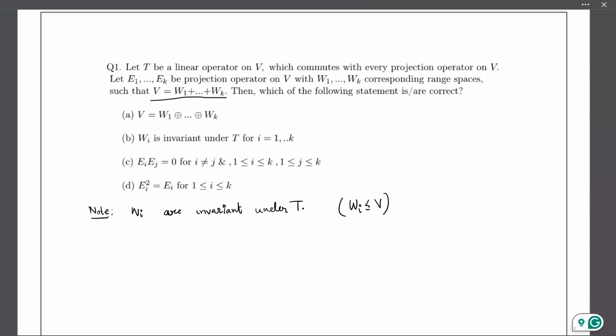Now, the first option says V is the direct sum of the WIs. Is this correct? I'm saying no. Someone give me an example, a simple example.